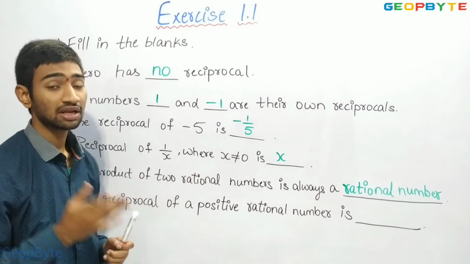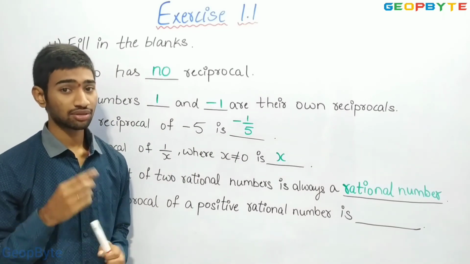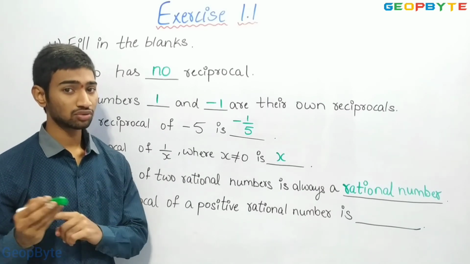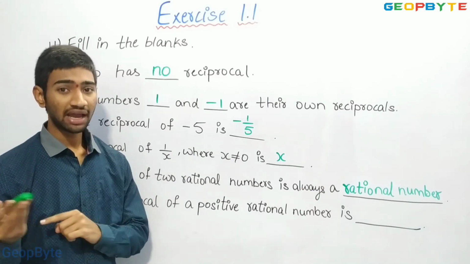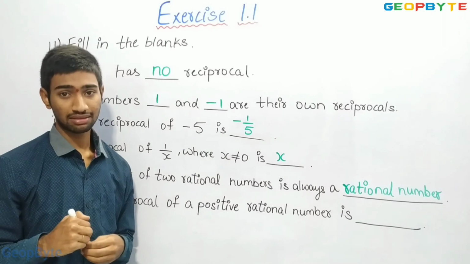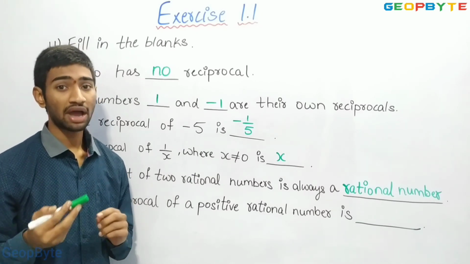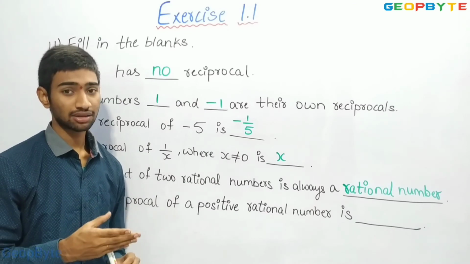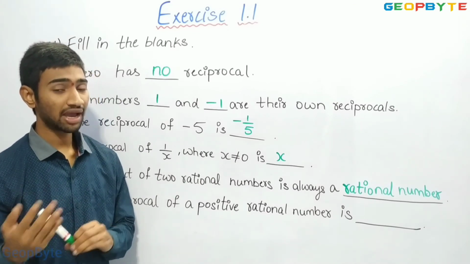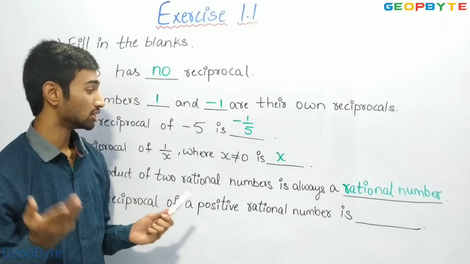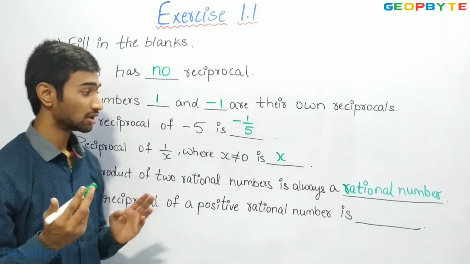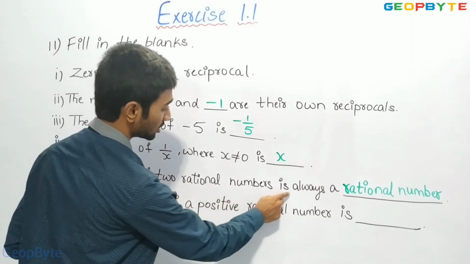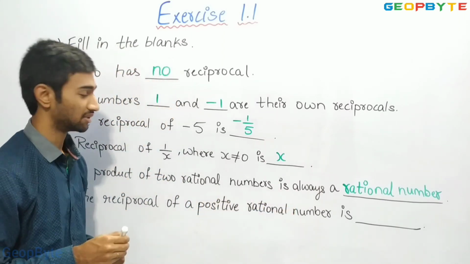For example, if we take the numbers minus 2 and 3, if we multiply minus 2 and 3, we will get minus 6. So, in this example, minus 2 and 3 are rational numbers and the product of minus 2 and 3 is minus 6. Minus 6 is also a rational number. So, therefore, the product of two rational numbers is always a rational number.